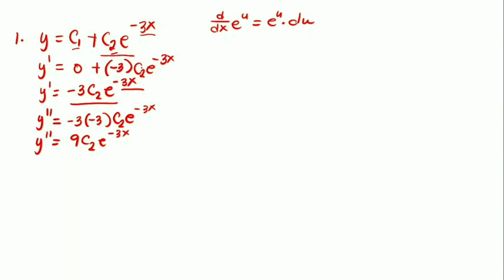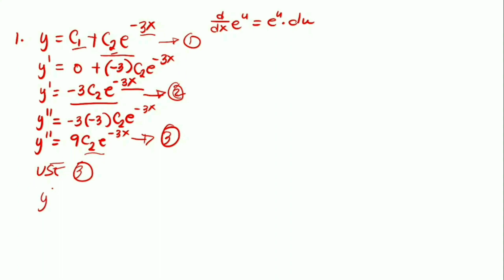Okay? So, sa first derivative natin, na-eliminate na natin si constant 1, si c sub 1. Ang kailangan na lang natin i-eliminate is si c sub 2. Okay? So, this is your equation 1. This is your equation 2. Then, this is your equation 3. Now, use equation 3 in order to find the value of c sub 2 e raised to negative 3x.